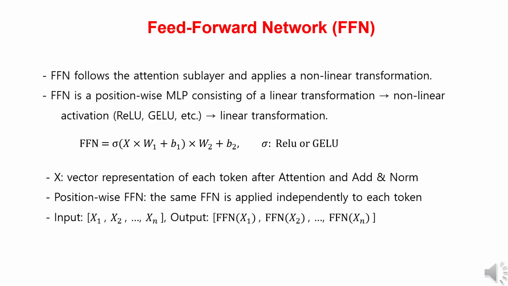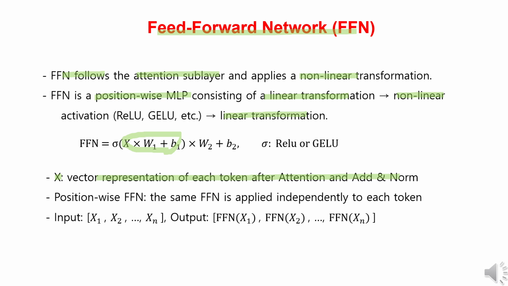Now, let me explain the feed-forward network. The FFN is placed after the attention sublayer and is responsible for applying a nonlinear transformation. Structurally, it is a position-wise MLP consisting of a linear transformation, a nonlinear activation, and another linear transformation. First, each token vector X, after passing through the attention and add and norm steps, is multiplied by learnable weights and biases to map it into a new feature space with a different dimensionality.